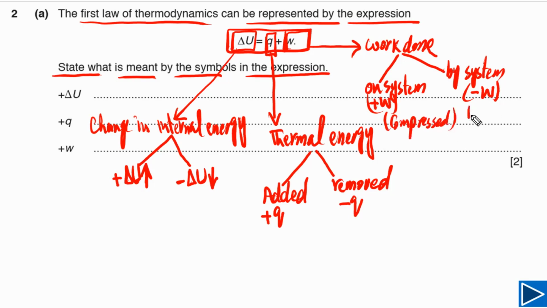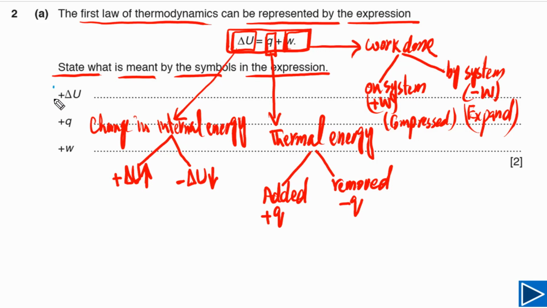On the other hand, if the gas expands, work done on the system is negative. So this is all we need to understand about these symbols. If we have an understanding of these symbols now, then we can simply write down our answer for part A.